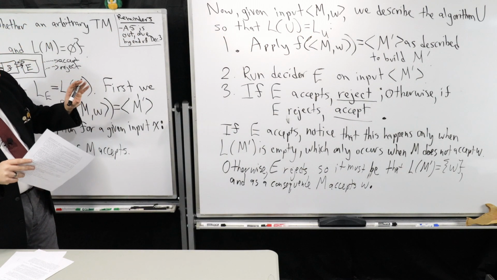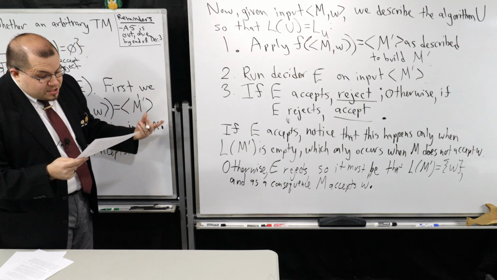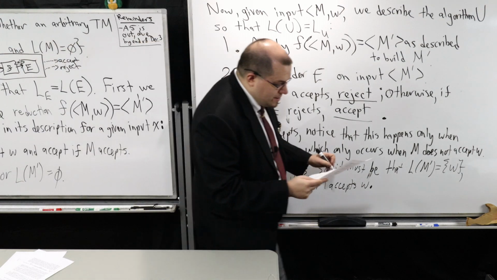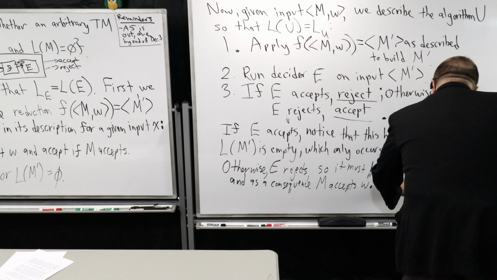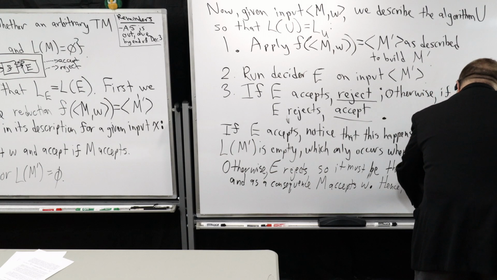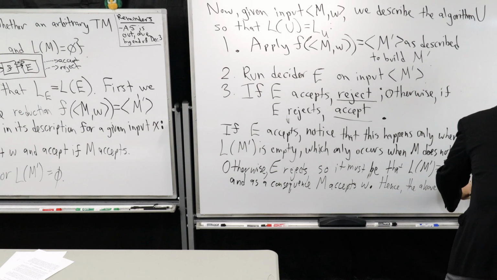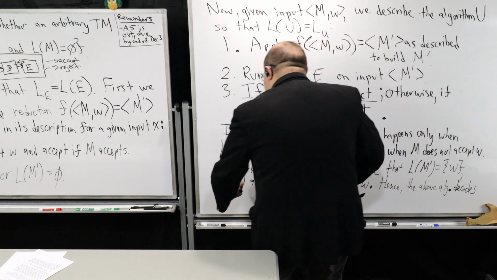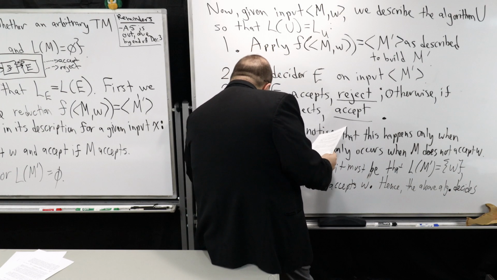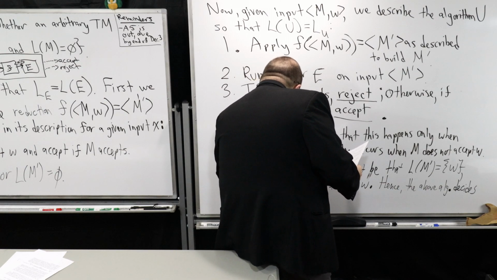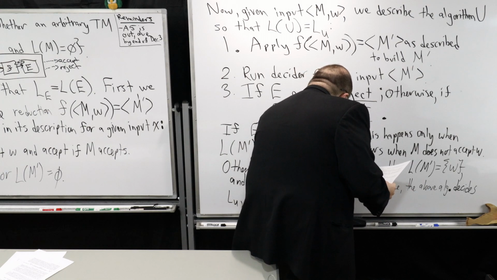So it's a rather crafty little trick that we're using here. So what does this mean? Hence, the above algorithm decides the universal language, but the universal language is undecidable, which of course is a contradiction.